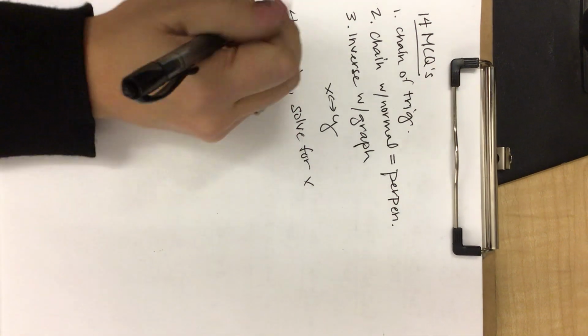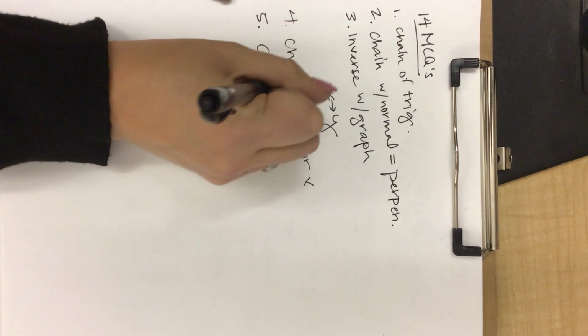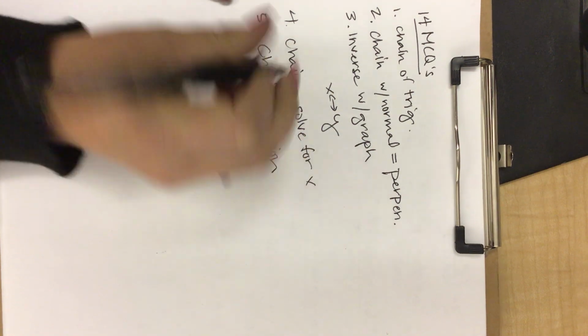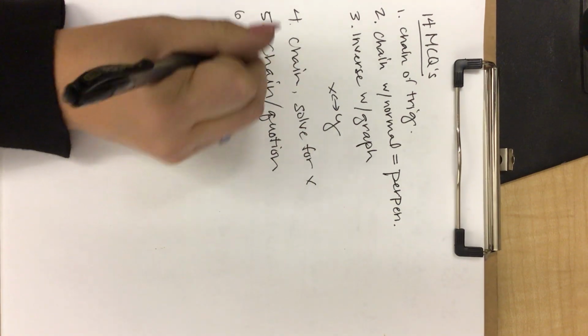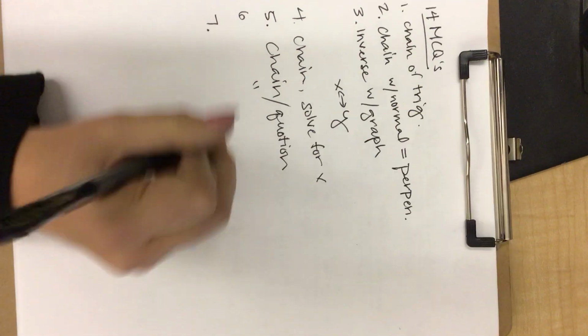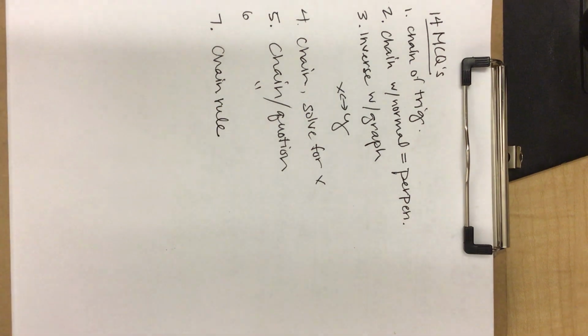We got a quotient slash chain for this one. And we have 2 of those actually. And then we've got a straight up chain rule. Okay, lots of chain rules.